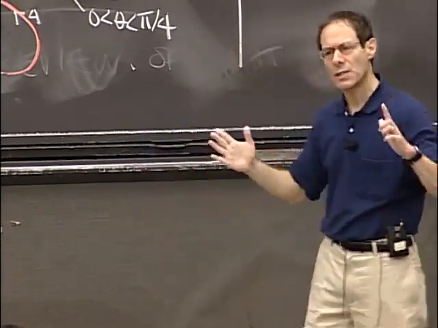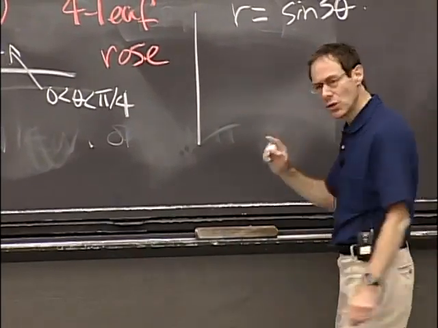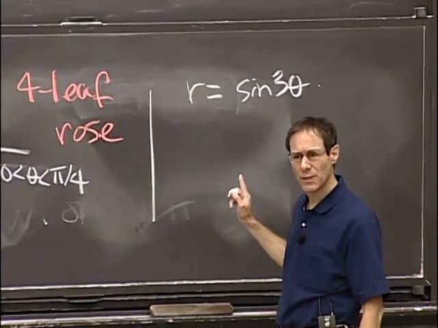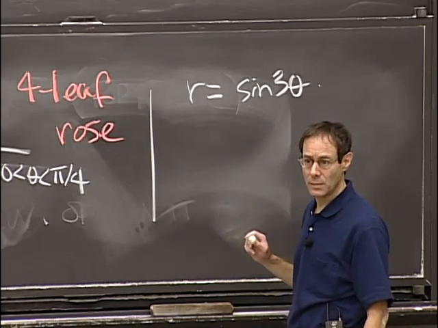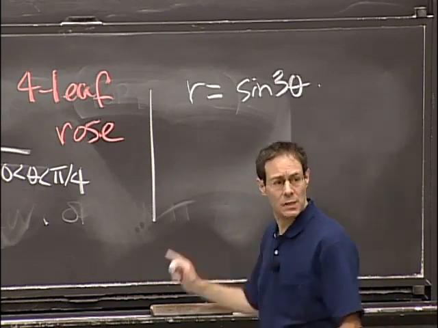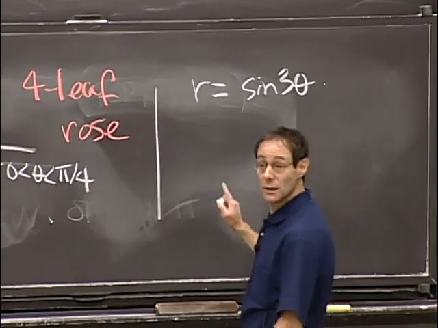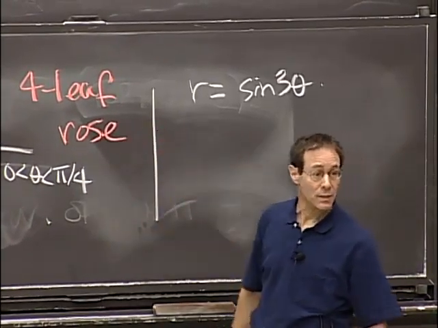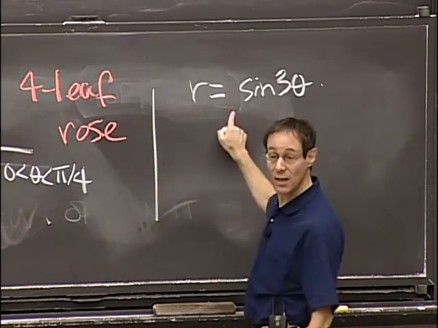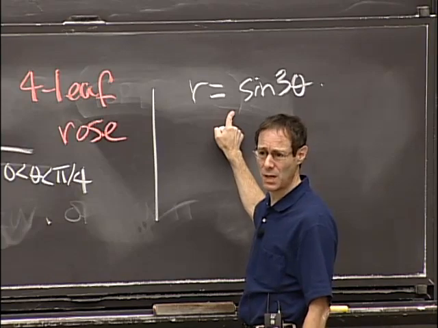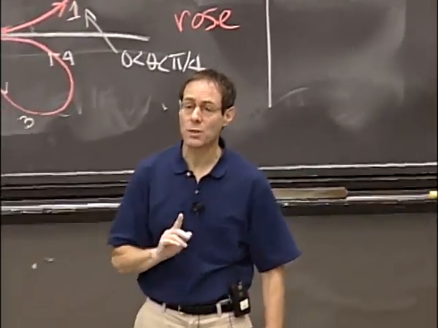I can give you a long time to sketch this out and think about what it does, or I can tell you that it happens to be a 3-leaf rose. And then you have some clue as to what it's doing. It doesn't have 6 because of some weird thing having to do with repetitions. But the odds and the evens work differently. So I would have to tell you what the picture looks like if it's going to be this complicated.